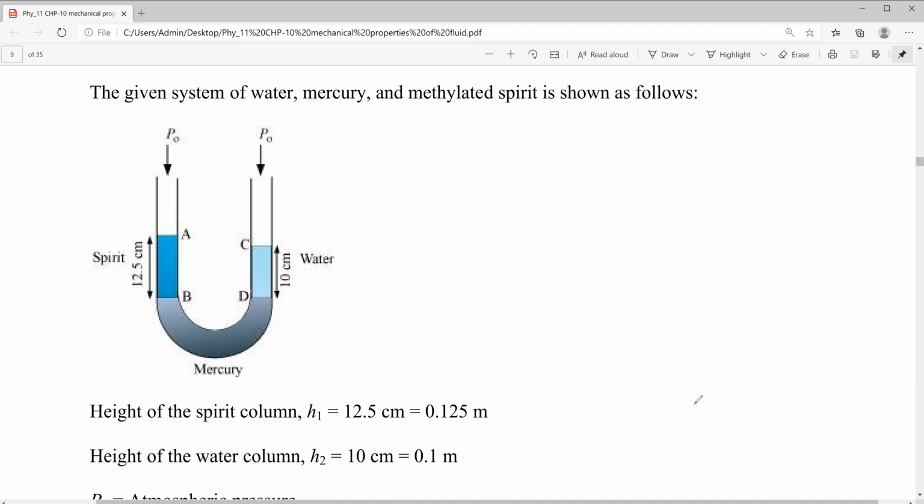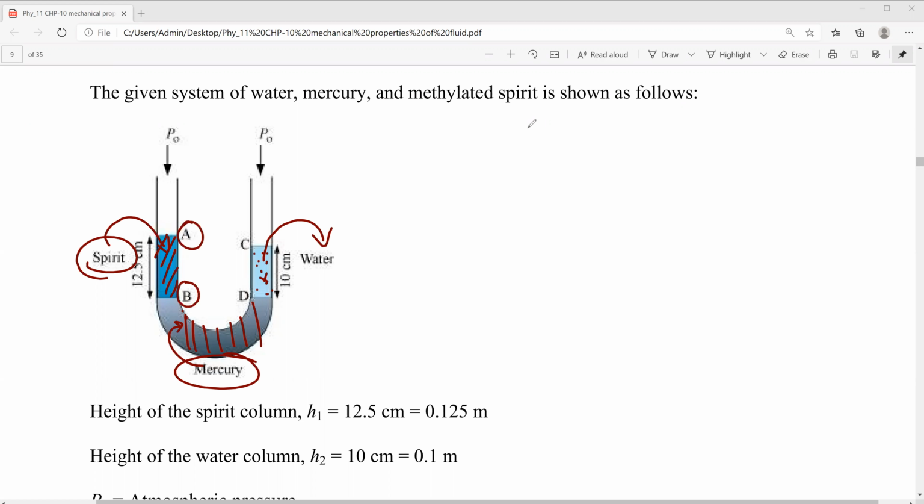In this diagram, this is the spirit, and the height of the spirit is 12.5 centimeter. Next, this is the water, which is 10 centimeter, and the remaining part is mercury. Here are points A, B, C and D that represent the levels, and P0 is the pressure in the tube.